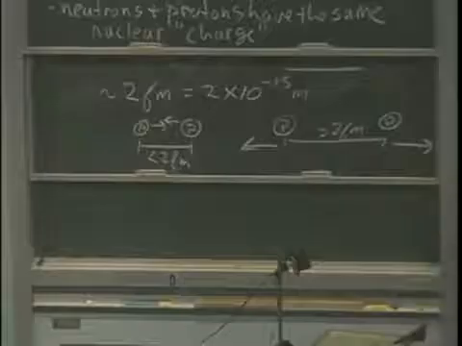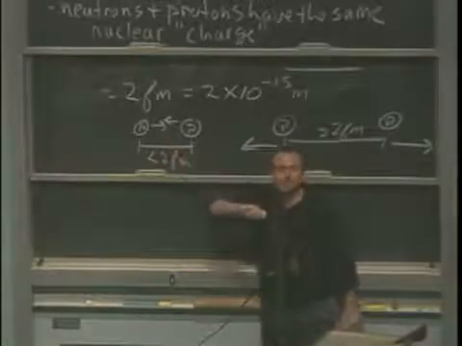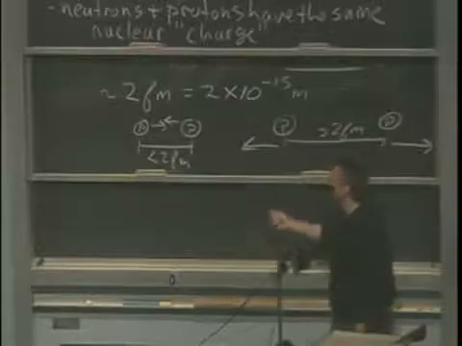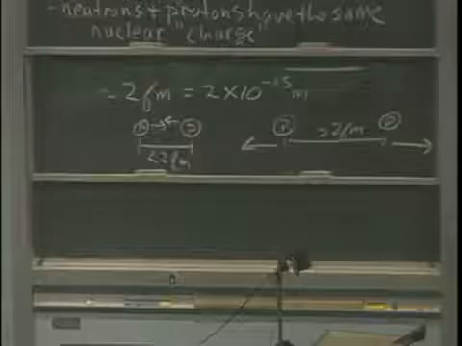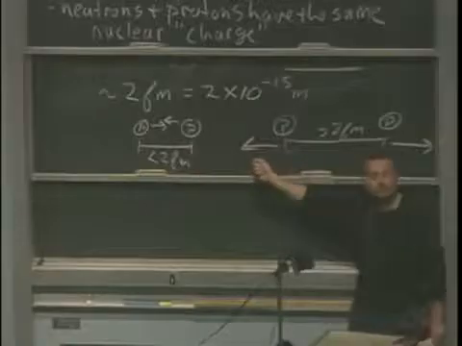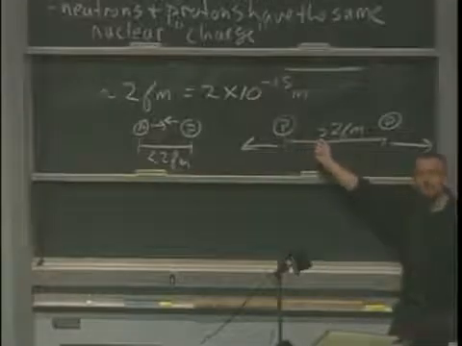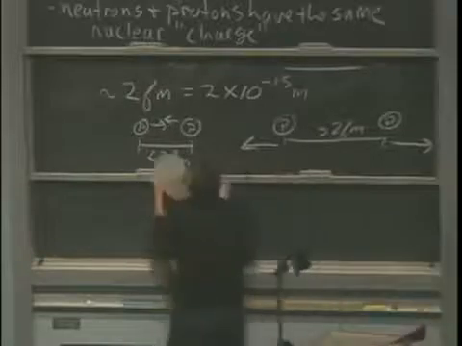So the strong force only kicks in when these protons are very close to each other. Otherwise, those protons just repel each other, just like we already learned with the electrostatic force. And this is actually the key to understanding nuclear reactions and where we get nuclear energy from, and where radioactive decays come from. So that's a very key point.